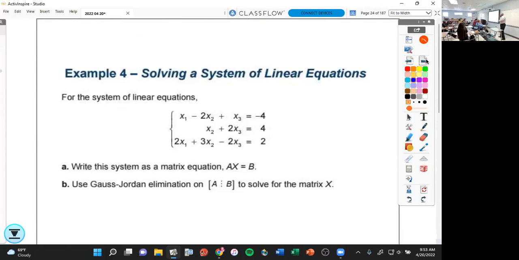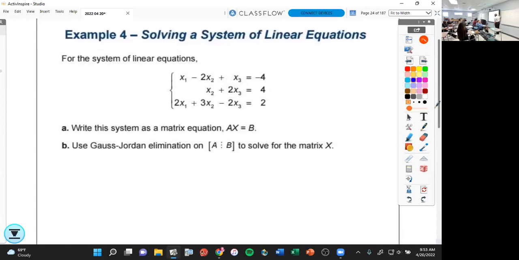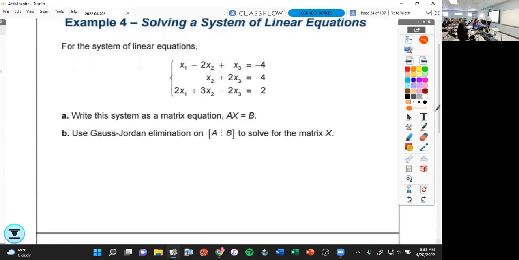Okay, here is a system of linear equations. Part A, write this system as a matrix equation AX equals B. All right, so part A. What are my coefficients? Just 1, -2, and 1. Okay, next row. Next row.